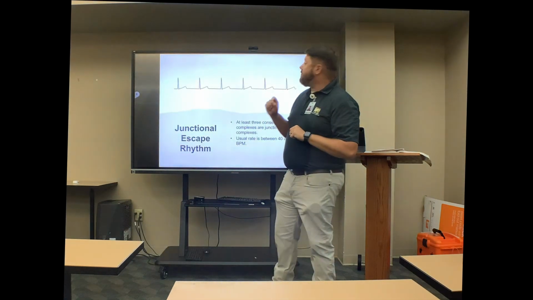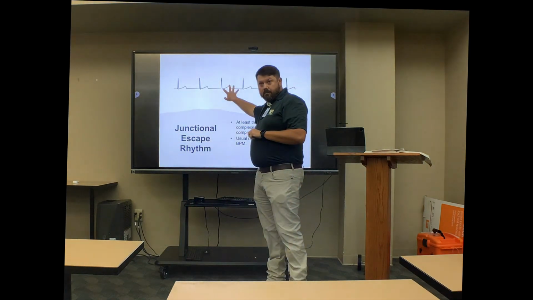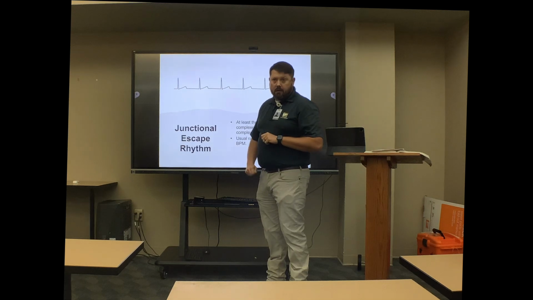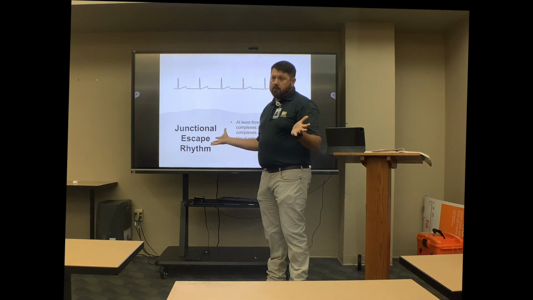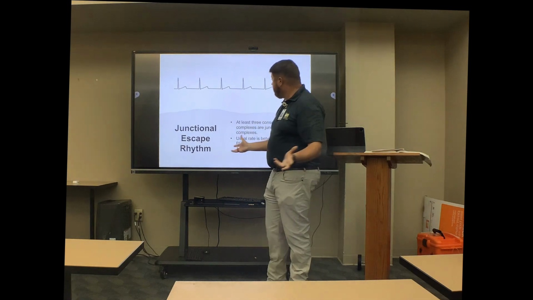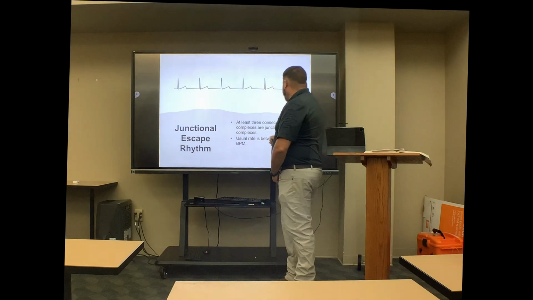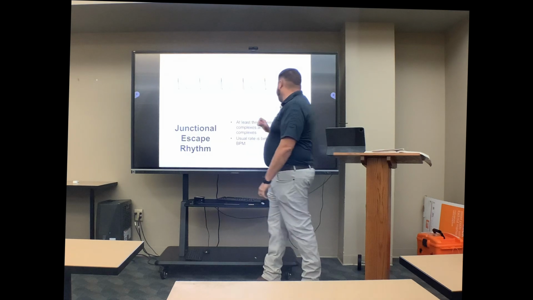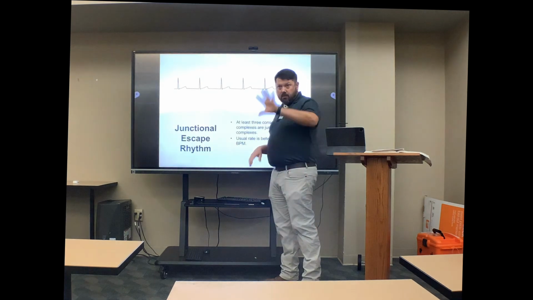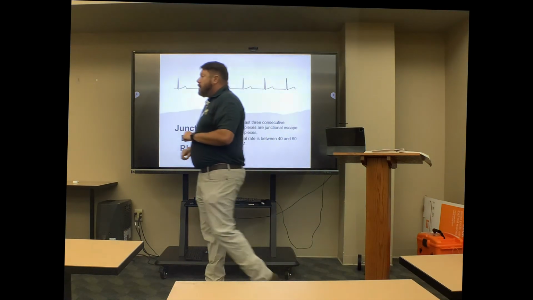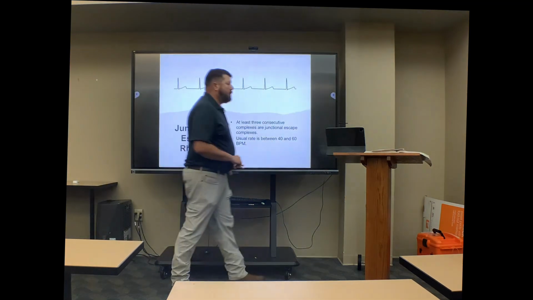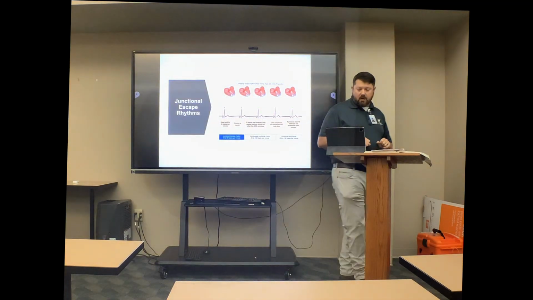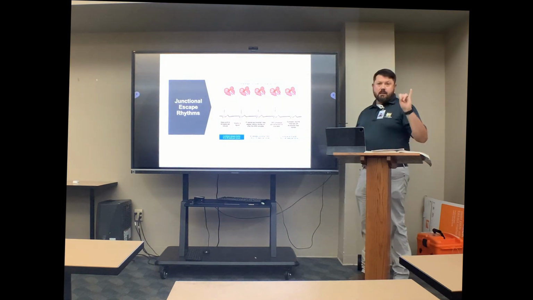If you see this rhythm but the rate is less than 40, just call it a junctional bradycardia, or a junctional escape bradycardia. What you see is at least 3 complexes are junctional escape complexes, like what we saw just a minute ago, but with what I'm going to give you, the whole rhythm is going to be that way. Your P waves are either going to be absent, inverted, or post-QRS.